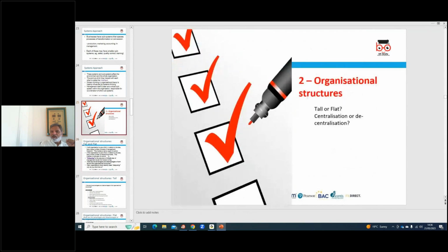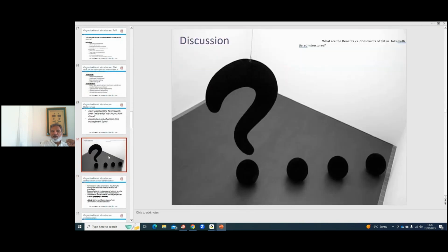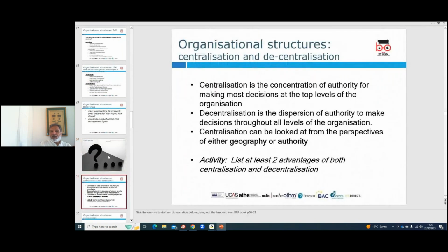Okay, the next thing we need to look at is centralization. What is decentralization? Now, decentralization and centralization are two things that we must look at when we're talking about organizational structure. Centralization is when the authority is vested in a particular top layer of management.